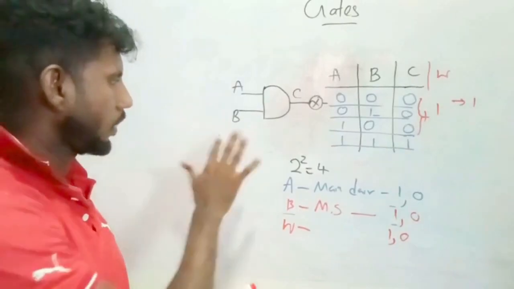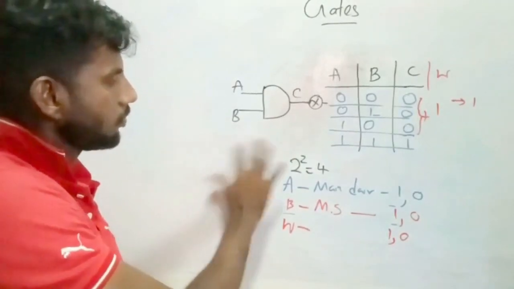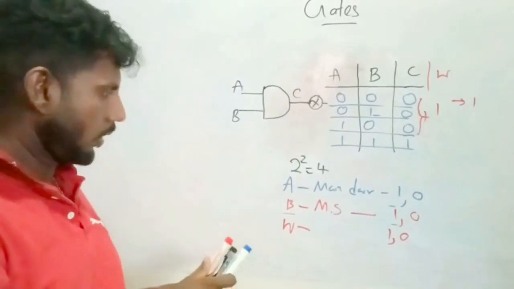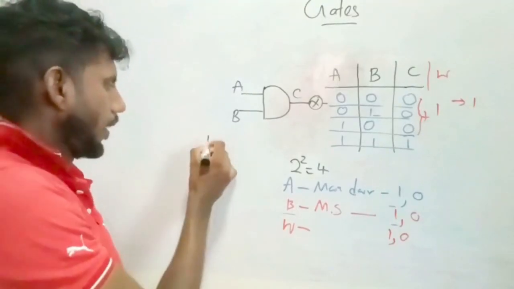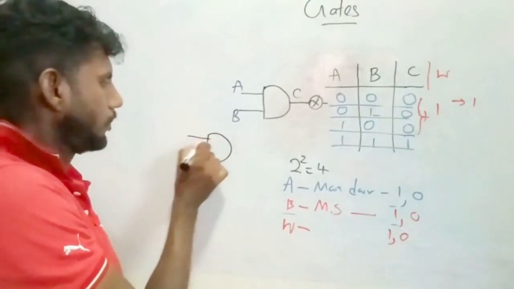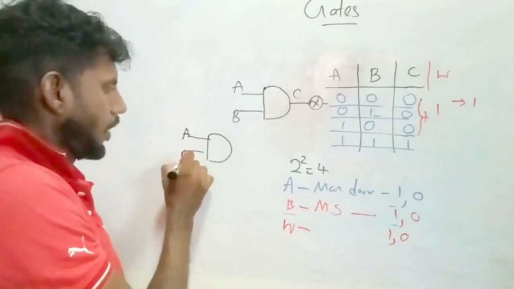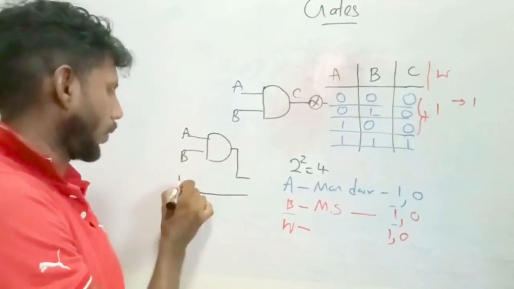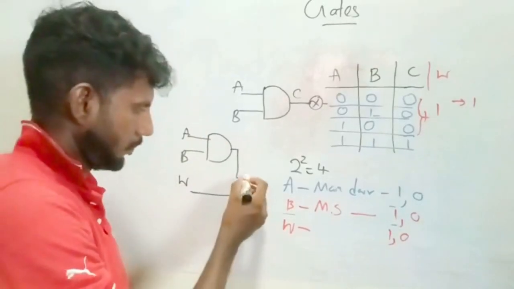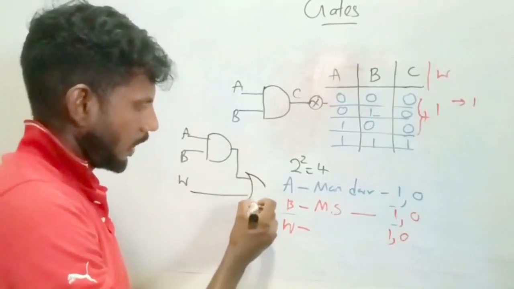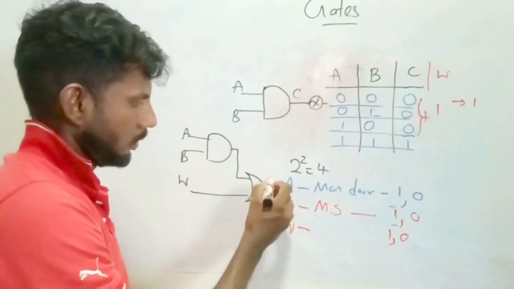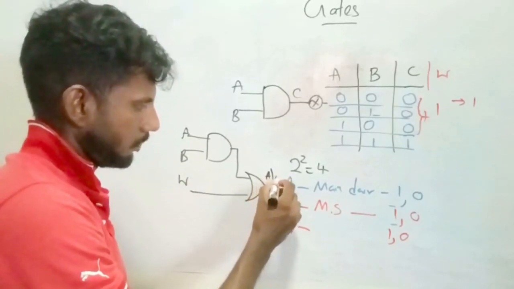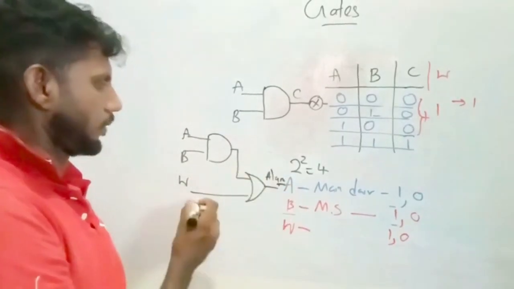So here this is how we do it now. A little bit of modification. It's like this, right? We have A and B for sure, and this output, and here again we have window open. We connect it through an OR gate, and say this is now the alarm, right?